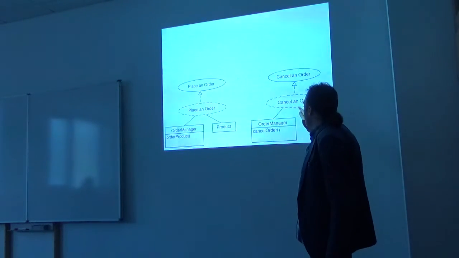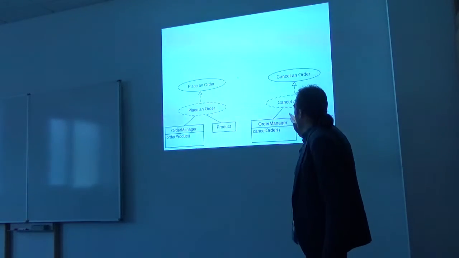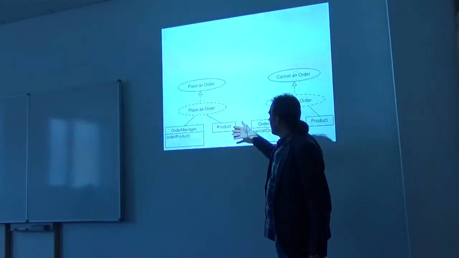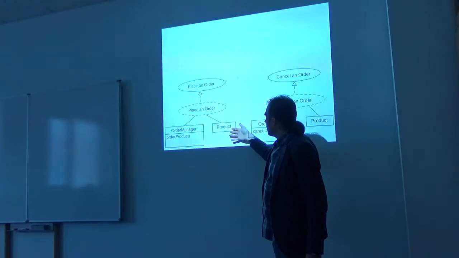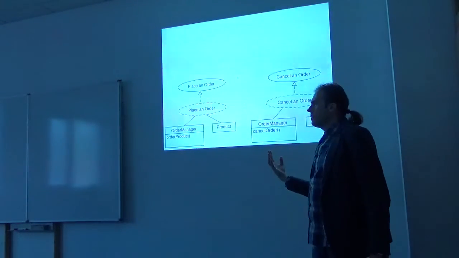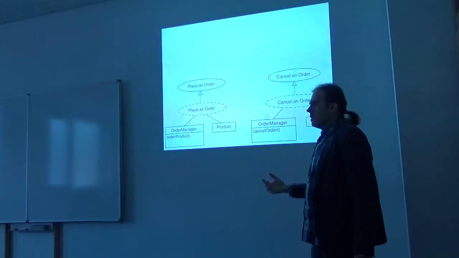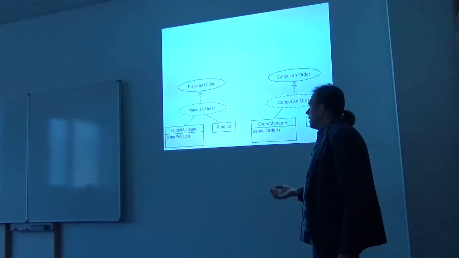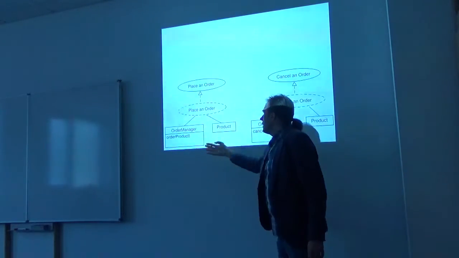I've never adapted this example to include it. Order could be hanging there as well, but in our case the order is about products, and also we need some class that will actively process orders. So let's call it order manager.